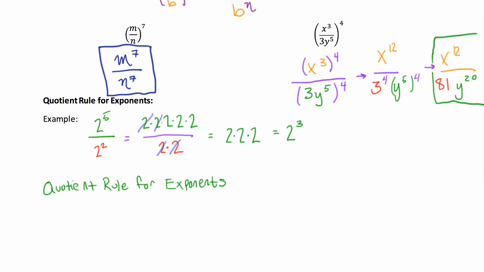If I have something, so a to the m upstairs, and I have a to the n downstairs, what that ends up giving me is that base, so a to the power of m minus n. All right, and that's the last rule.